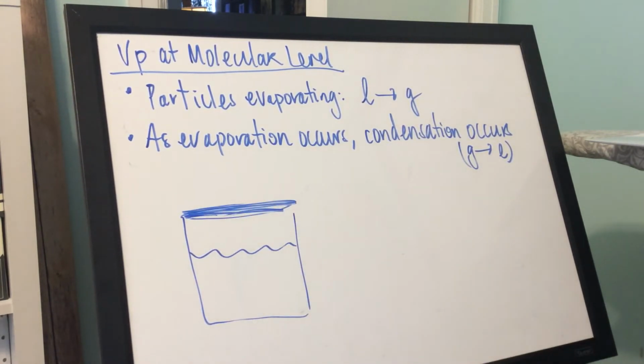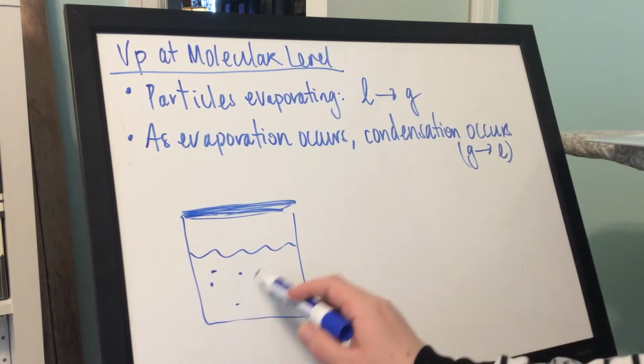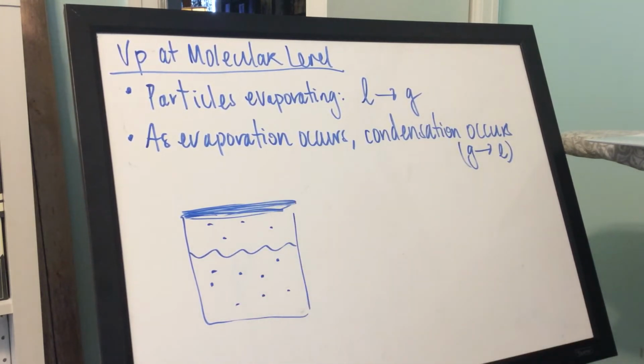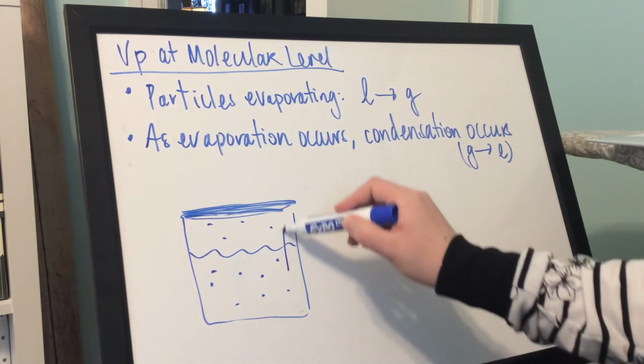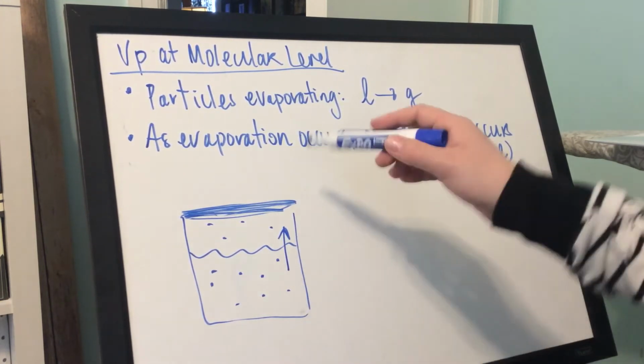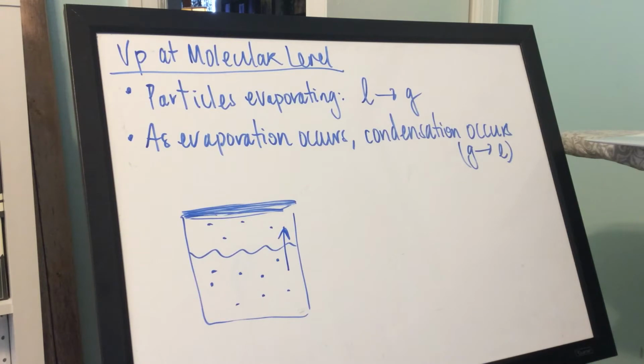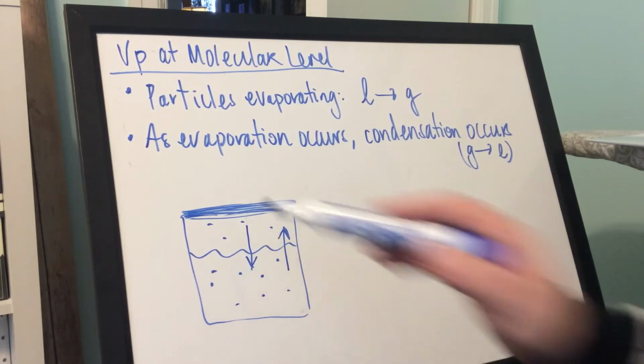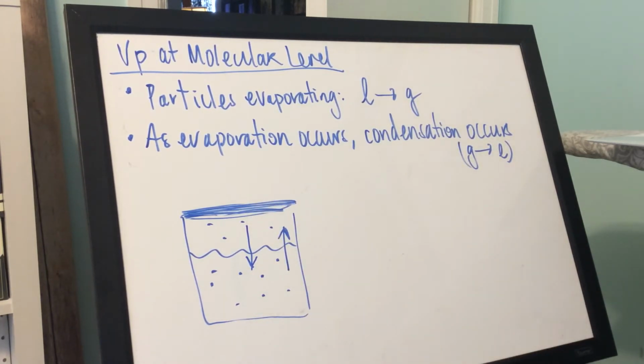If I have particles in my liquid state, eventually they're going to gain enough kinetic energy and they're going to vaporize. So we have this process of liquid going to gas, evaporation. As that occurs, because it's a closed container and those particles have nowhere to go, they're creating a vapor pressure. But then some of those gas particles also condense. Some of these gas particles go back and turn into a liquid through the process of condensation.